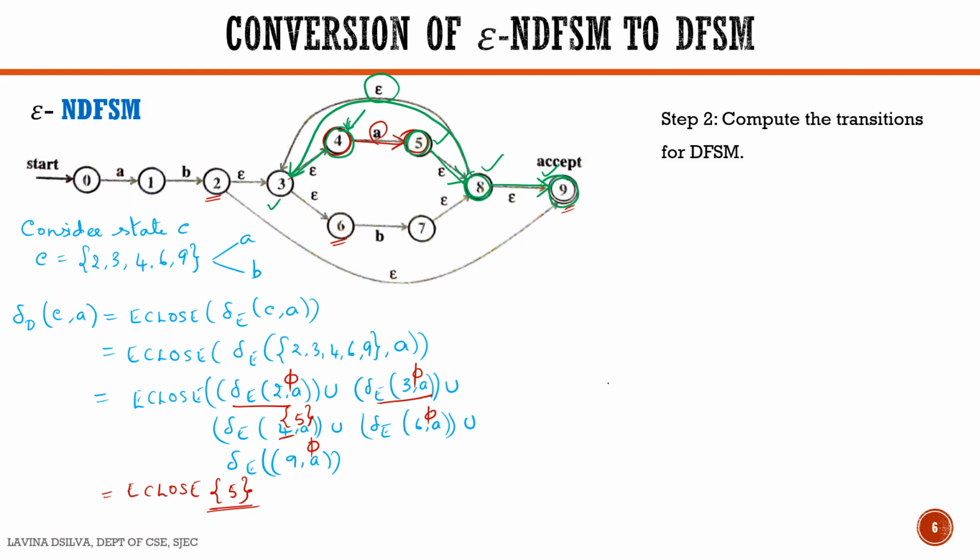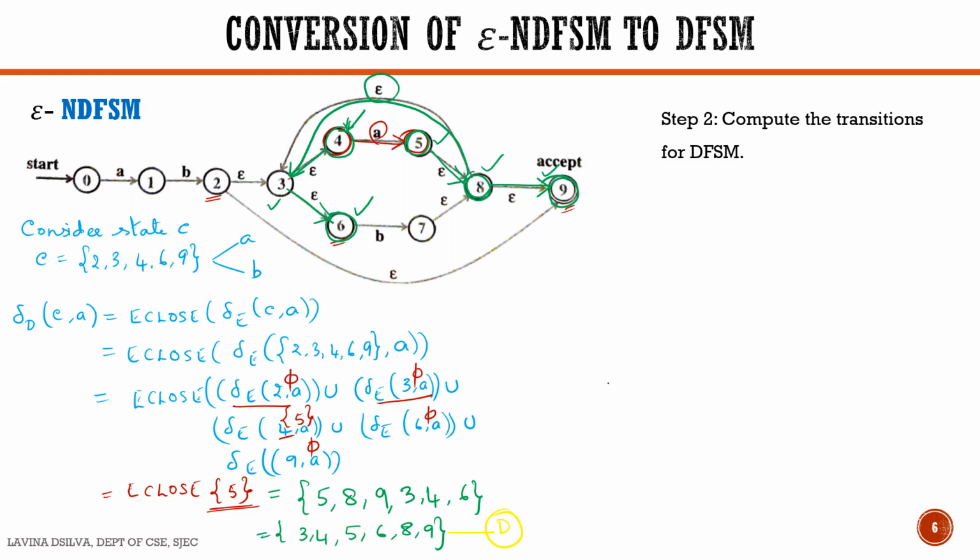So 4 is there. From 3 we can go to 6. So 6 is there. So E closure of 5 is 5. Then we went to 8. We also can go to 9. From 8 we can go to 3, 4 and 6. So we can write E closure of C, E closure of 5 is 3, 4, 5, 6, 8, 9. We will call this as state D.